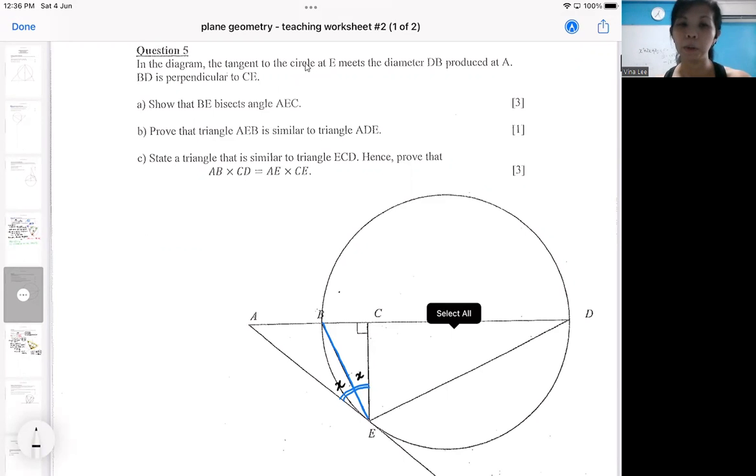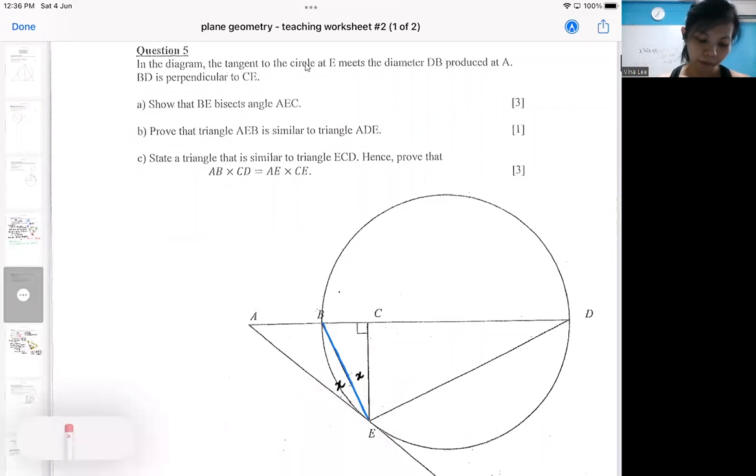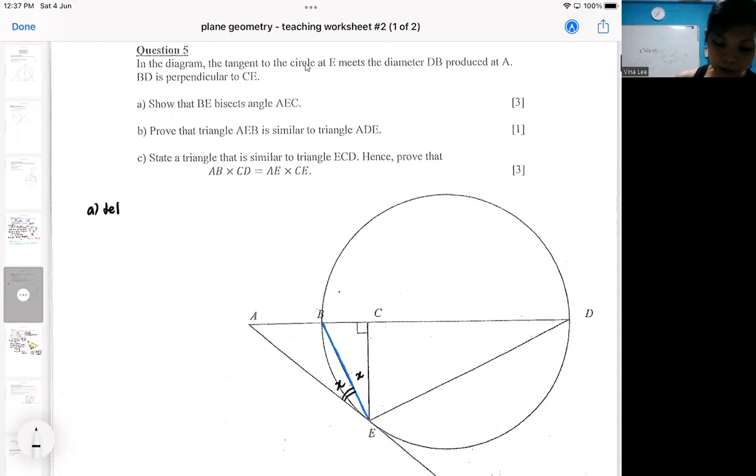So the technique will be you choose one of them to start with. In this case, I'm going to choose this to start with. Okay, let's talk about it first. So let's choose AEB to be X first.